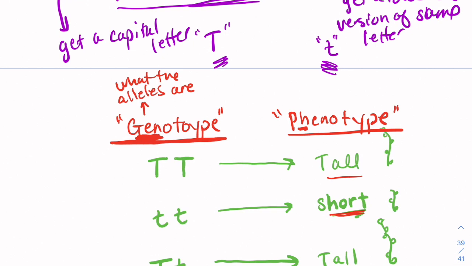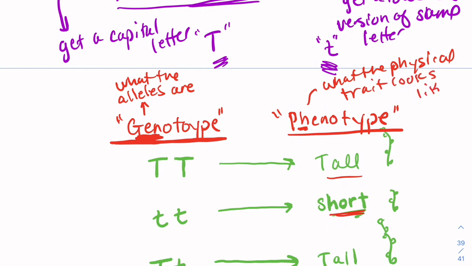Phenotype begins with a PH, which also starts off the word physical. It's what the physical trait looks like. Tall plant or short plant, what the plant looks like, what the physical manifestation is. So we've got to keep our genotype straight from our phenotype.